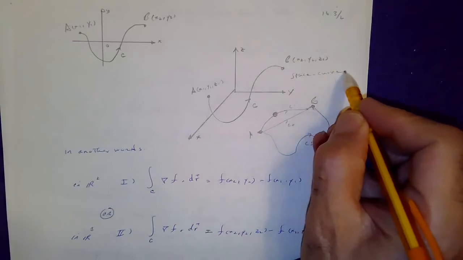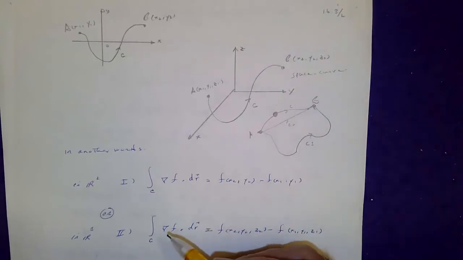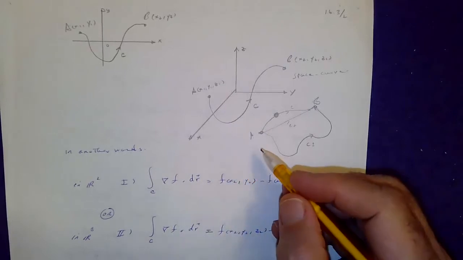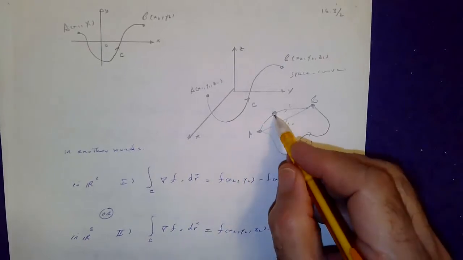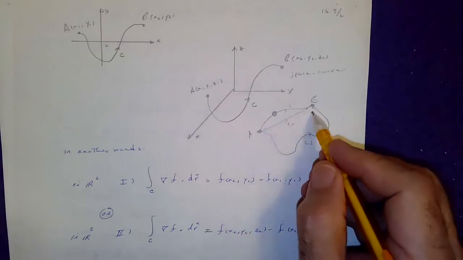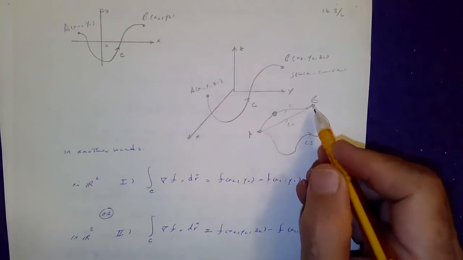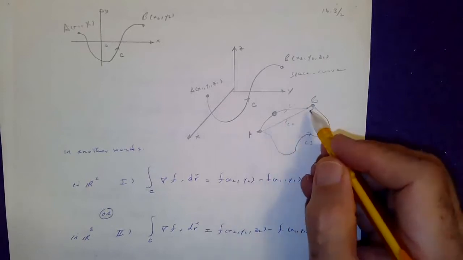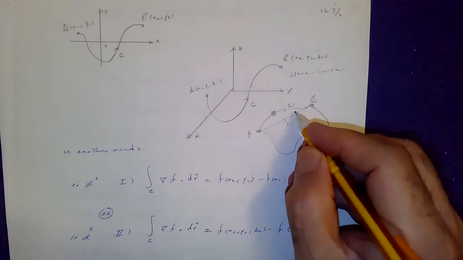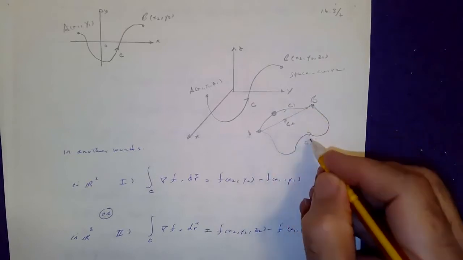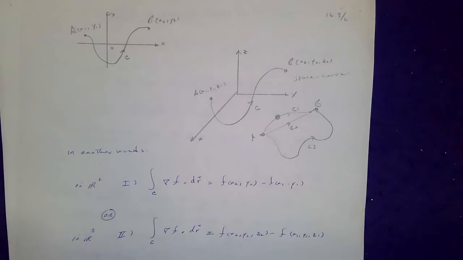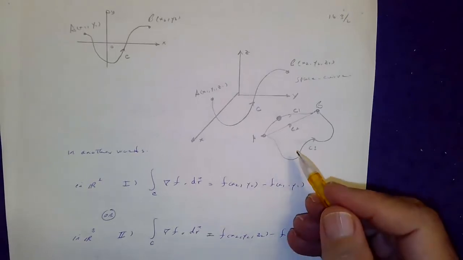So the theorem says, look, if the vector field is conservative, then the amount of work or energy it takes to move this particle on curve C from point A to B is independent of how we got from A to B. We could have gotten to B via curve C1, or C2, or C3. It doesn't matter because it could be any curve.